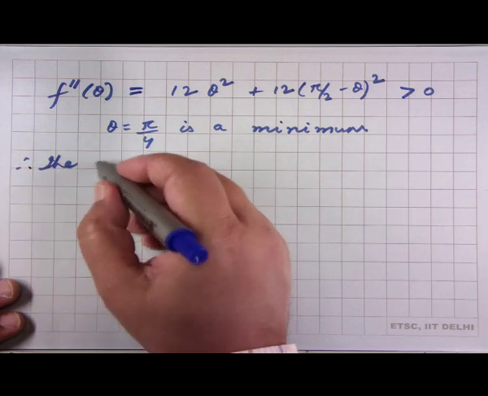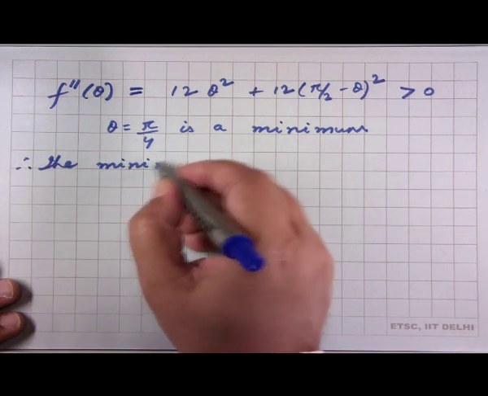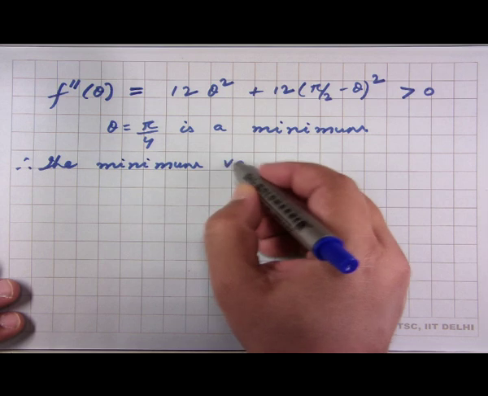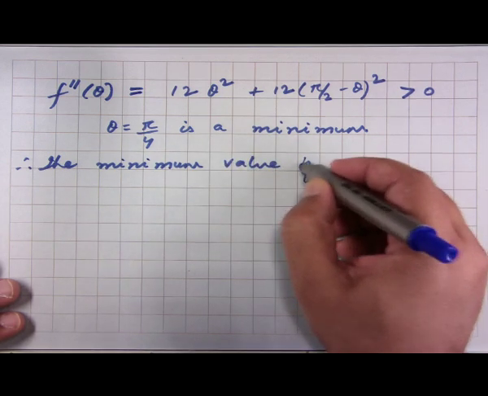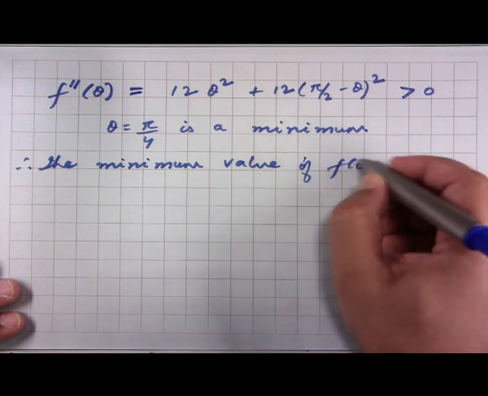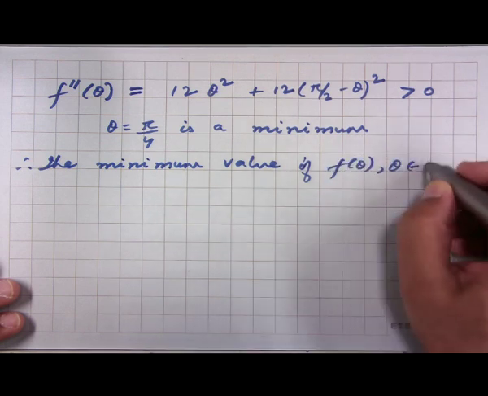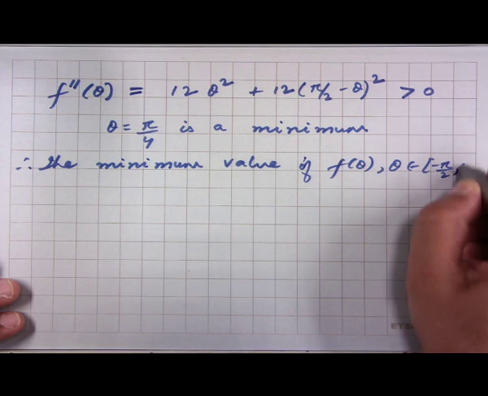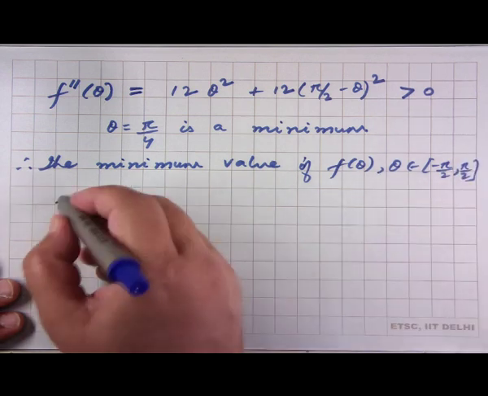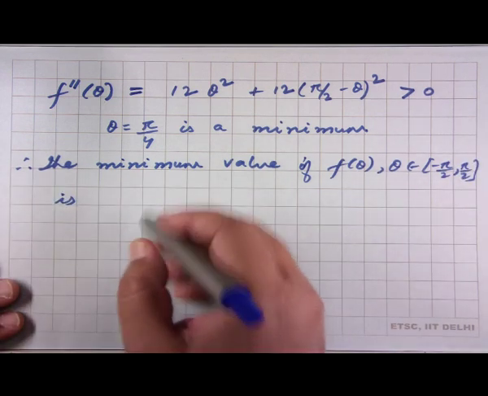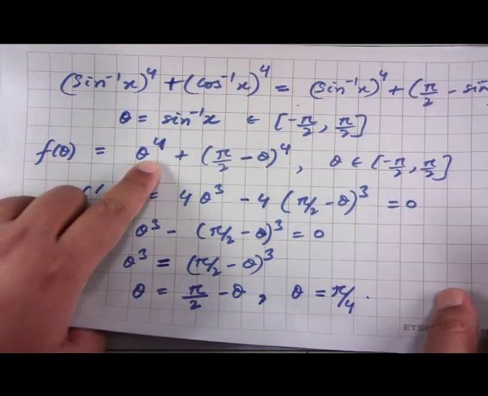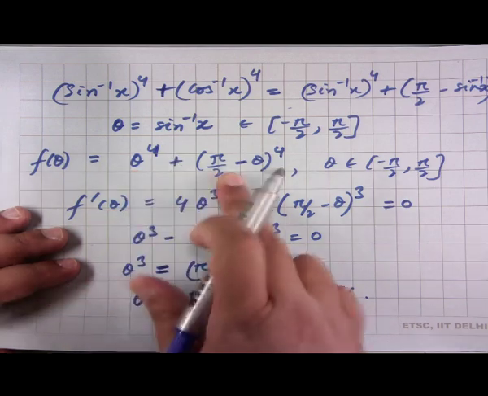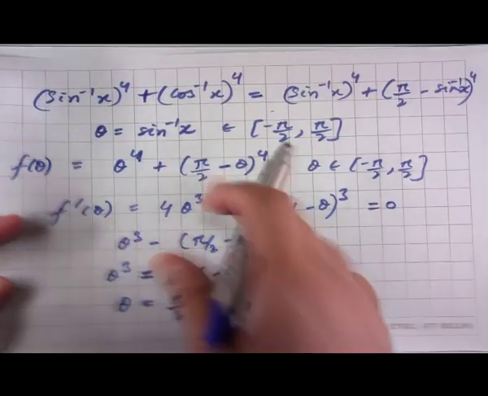therefore, the minimum value of f(θ) for θ belonging to minus pi by 2 to plus pi by 2 is, so if you remember, f(θ) was this function, and so essentially this and this are equal at θ equal to pi by 4.